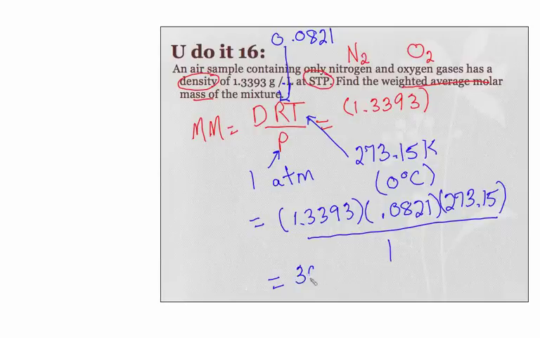And so I'm going to call that 30.03. Honestly, I had it to 4, not to 5. So I'm just going to put a 0 there. Grams per mole. All right, now that's the end of using the ideal gas law to calculate our molar mass.